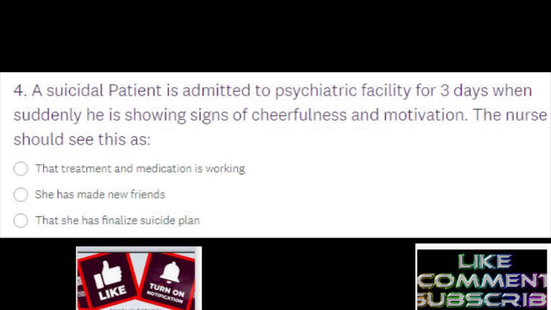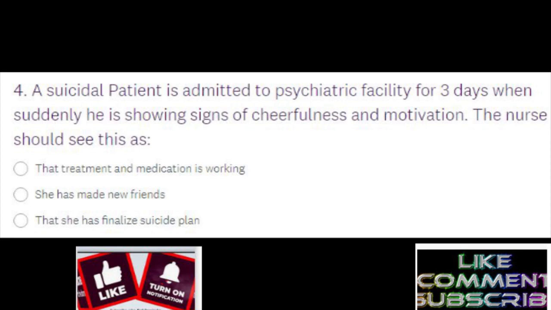So what is the answer? I'll read the question once more. A suicidal patient is admitted to a psychiatric facility for 3 days when suddenly he is showing signs of cheerfulness and motivation. The nurse should see this as, the answer will be, that she has finalized a suicide plan. Okay, that's the answer.